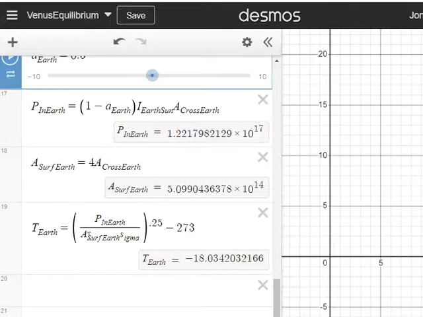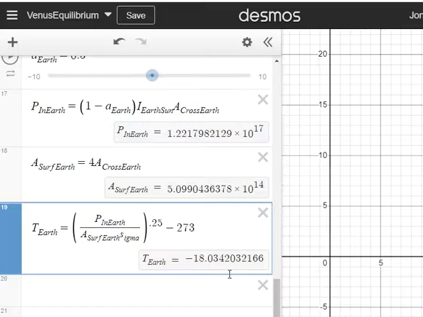And then the temperature, this is a use of Stefan Boltzmann's law. So the temperature is the 4th root of the power over area times, and then sigma here in the bottom. And then I'm just subtracting 273. I'll subtract 273.15 because that is more exact.